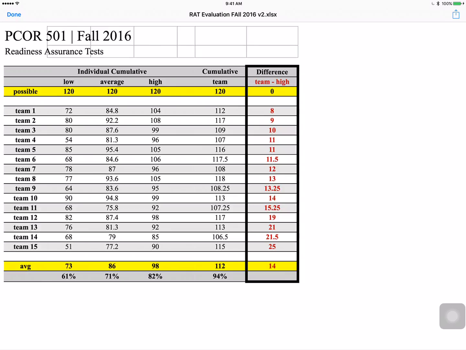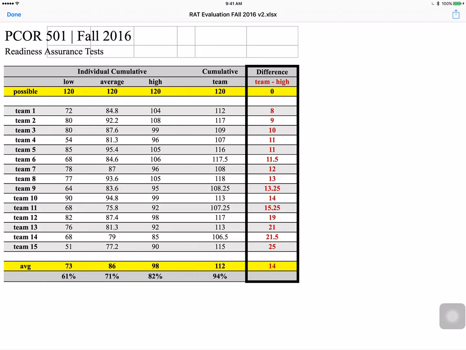The next 3 columns, the individual cumulative low, average, and high, are exactly what we were just talking about. For each team, there is an individual cumulative that's the lowest score and the highest score. If you take all 5 team members and add them together and divide by 5, you get the numbers in that middle column.